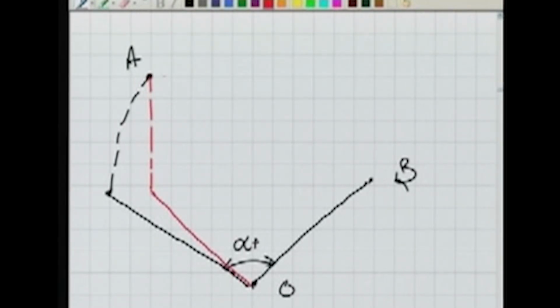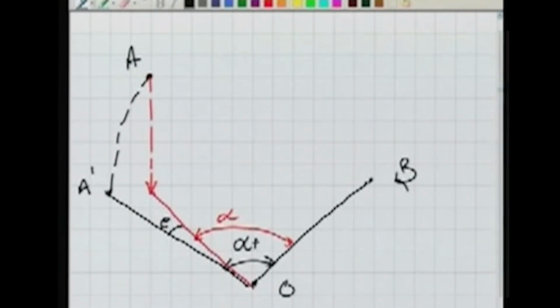If there is no error, A will come down to its projection at this point, and from here we can measure the angle, which is alpha. But with the error, A is brought down to A dash, and from A dash I measure the angle, which is alpha plus some error value. So if you take the observations on a single face, our observations will be wrong.